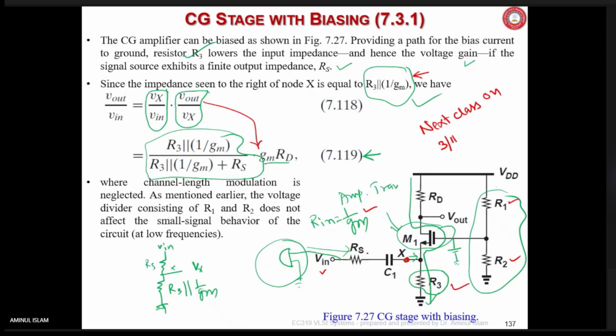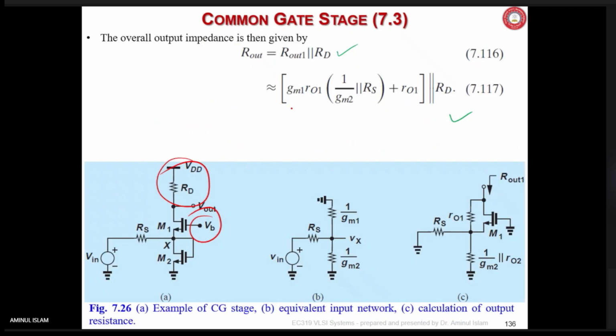That voltage can be obtained by using this source resistance Rs and the parallel combination of R3 and the input impedance of the amplifier proper. This is the amplifier proper. Its input impedance is 1 upon GM. So the voltage here, we have written yesterday, I think.